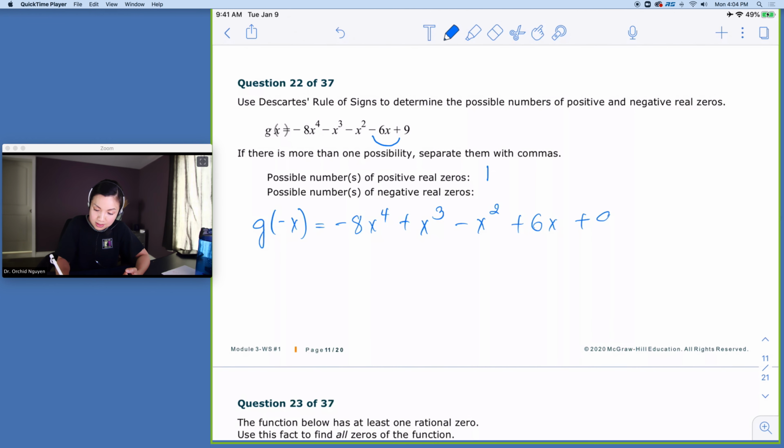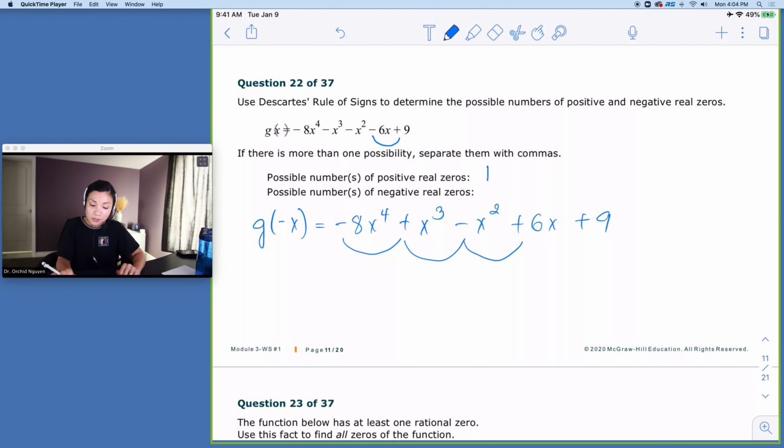And then the constant stays the same, right? So now this time, let's count. We go from a negative to a positive, to a negative, to a positive. So you see we have 3 changes in the sign. So the possible number of negative real zeros is 3.